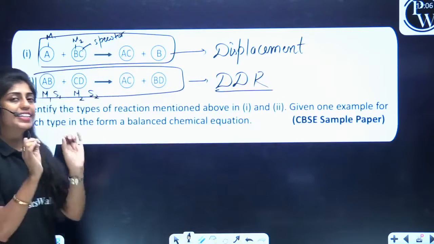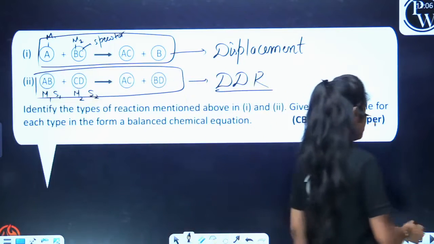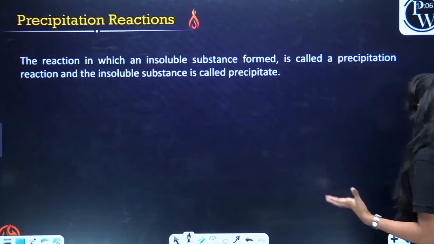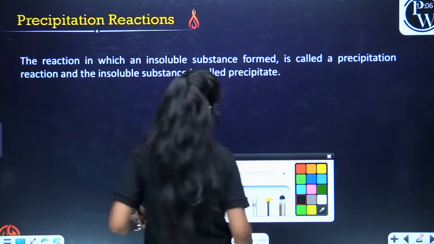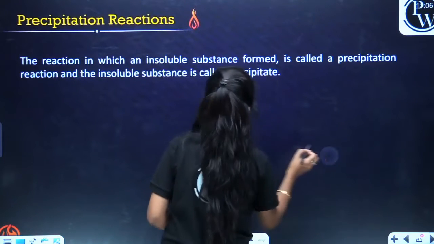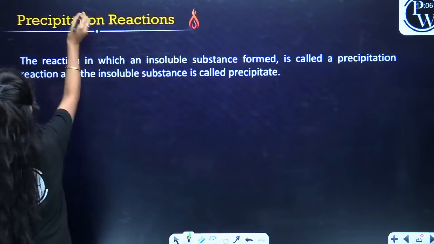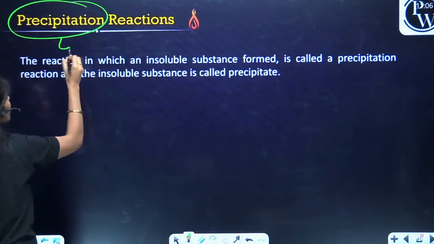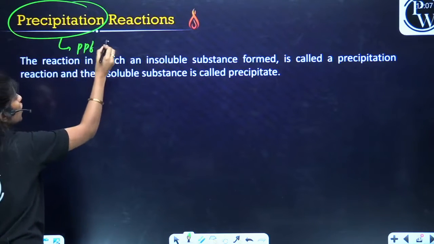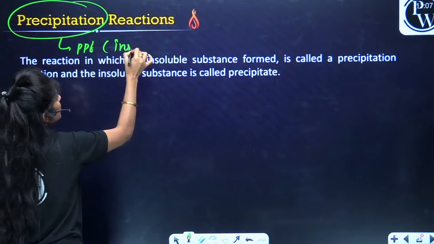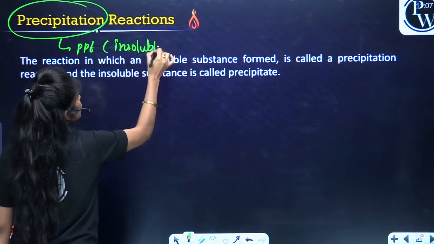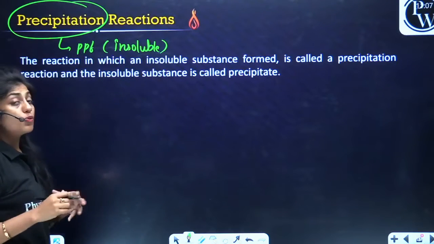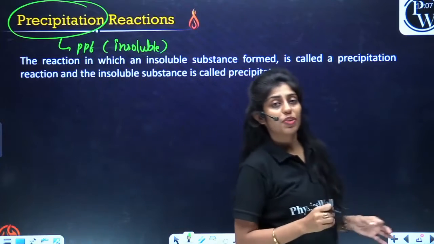Can you give examples for these reactions? Definitely. You can have numerous examples, we have discussed many. Now suppose we have a precipitation reaction. As the name represents, there will be formation of precipitate, or I can call it insoluble. In the double displacement reaction, we have already discussed what precipitation is.